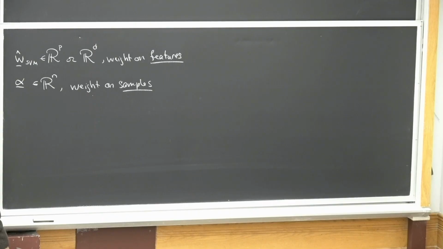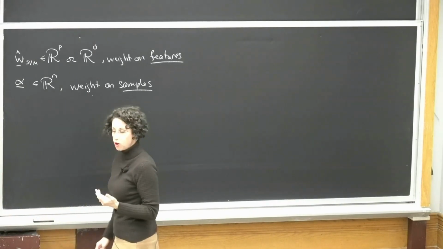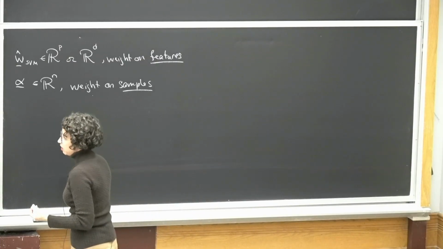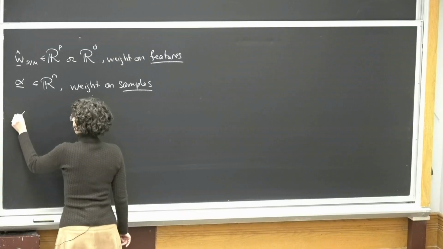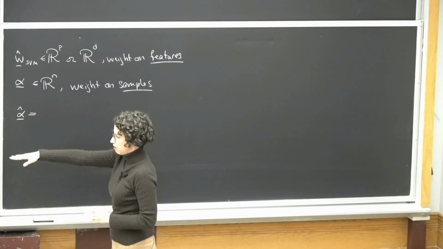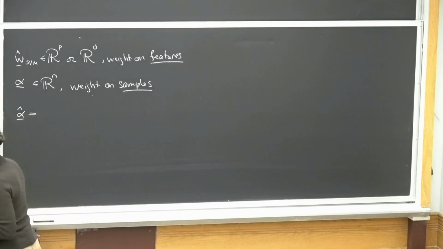Okay, so unfortunately, this is not something that we can do in closed form the way we could with kernel ridge regression. And in particular, we're going to say that alpha hat corresponds to solving this optimization problem that we have on the previous board.